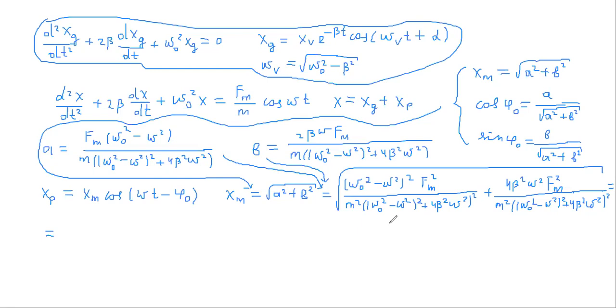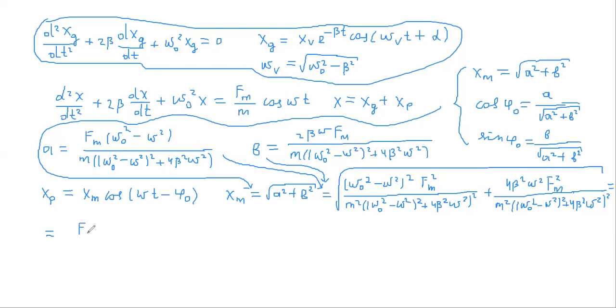We have the same coefficient in both terms, fm divided by m to the power of 2. So this can be written outside of the square root, or maybe let's write this with this coefficient.